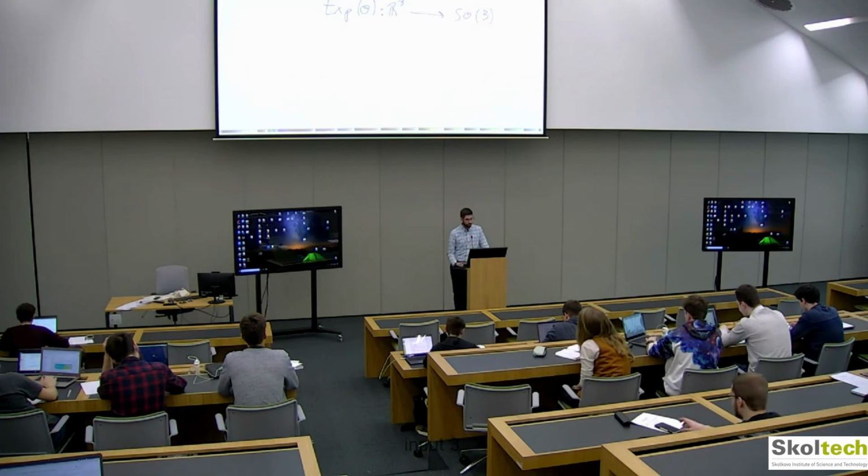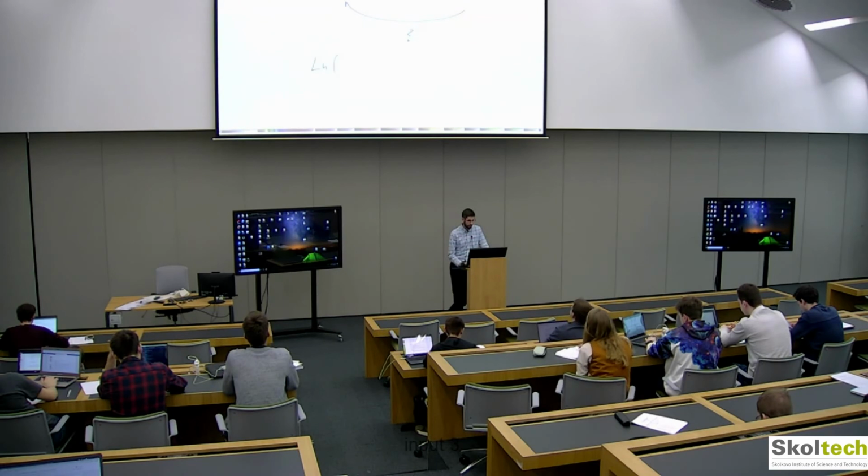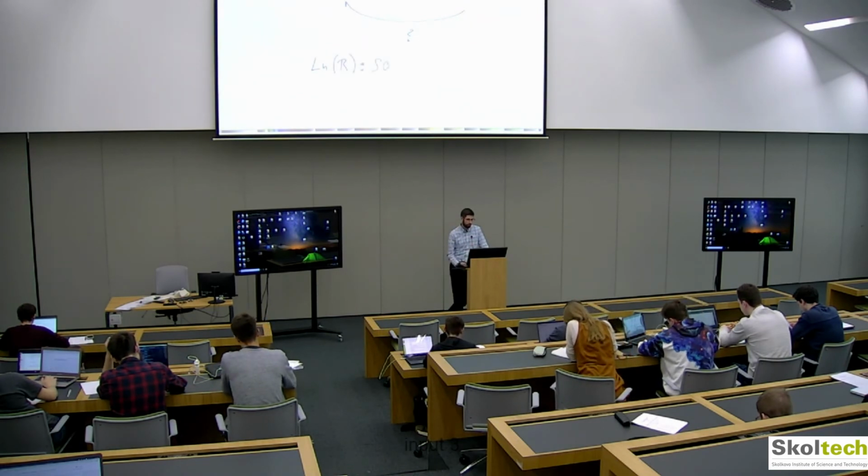Okay, so then what about the inverse? For the inverse, you can still do it. This is going to be called the logarithm. The logarithm goes from any rotation to a 3D vector. So this is awesome, because then we can go back and forth.